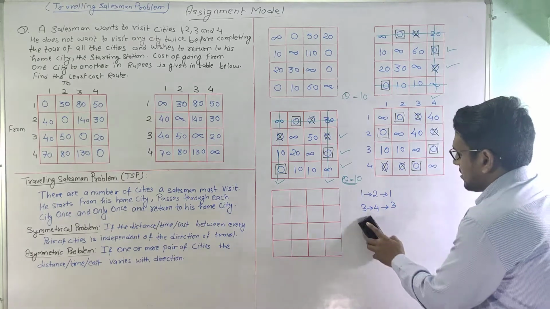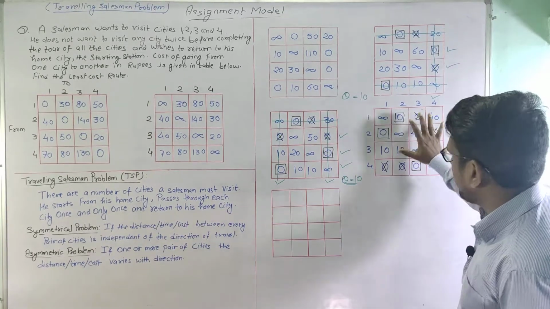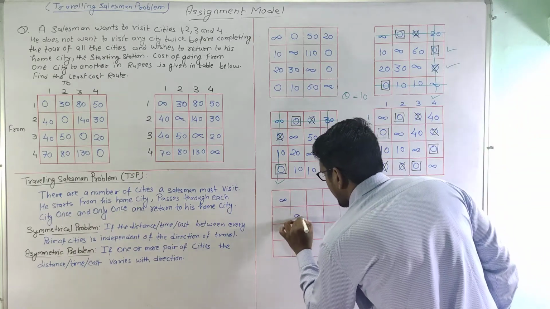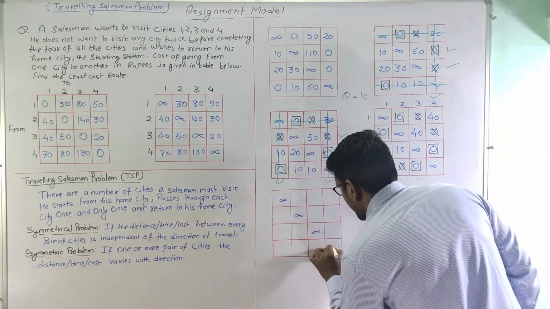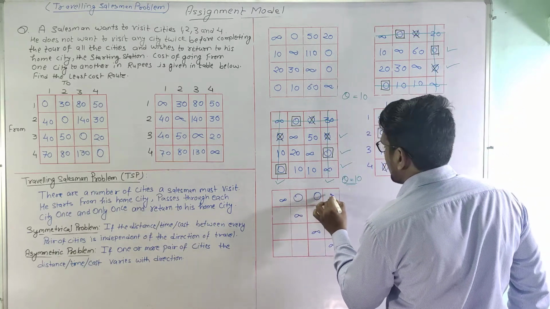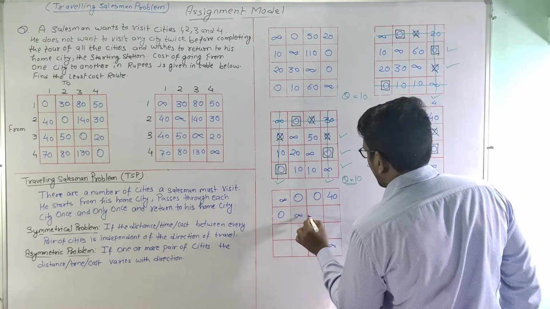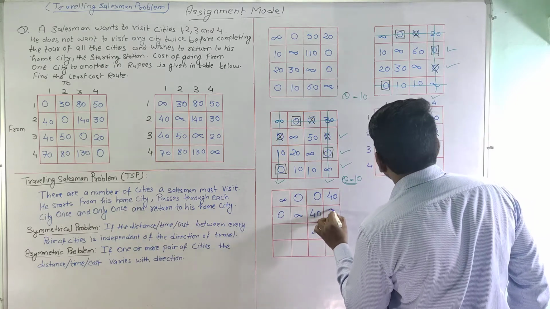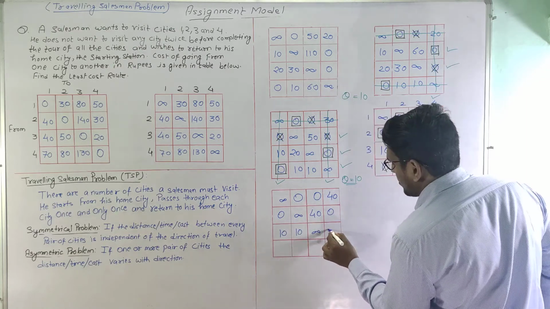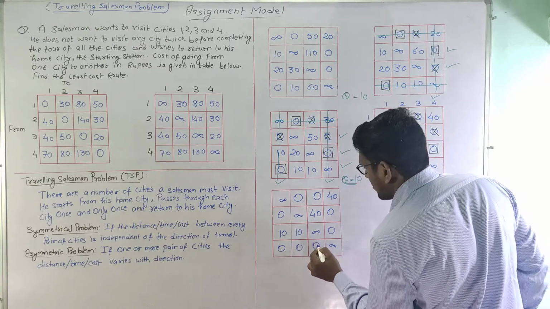So let us erase this, and I am writing the same matrix here, that is the value of infinity, infinity, infinity, infinity here. This is 0 0 40, this is 0 40 0 10 10 0, this is 0 0 and 0.